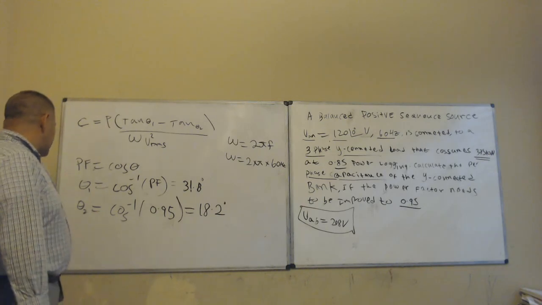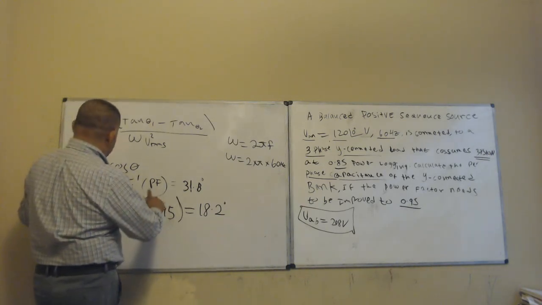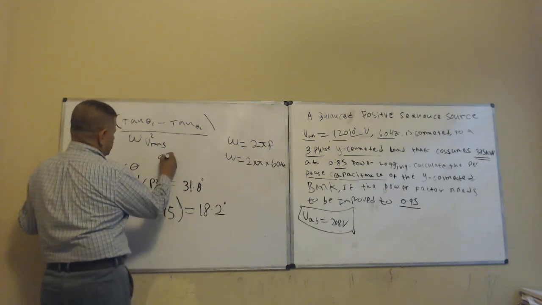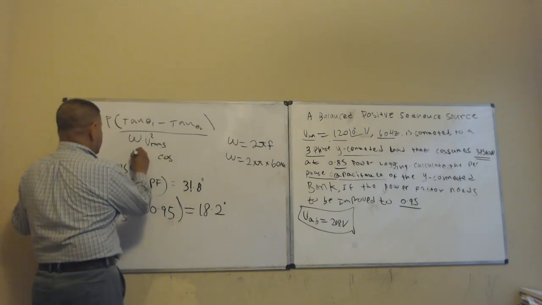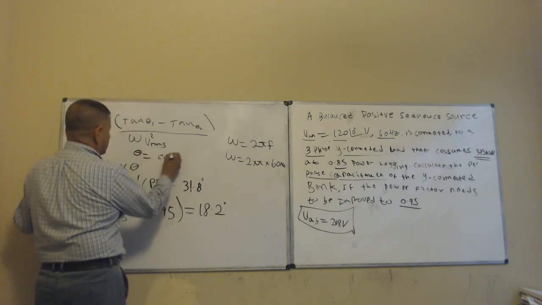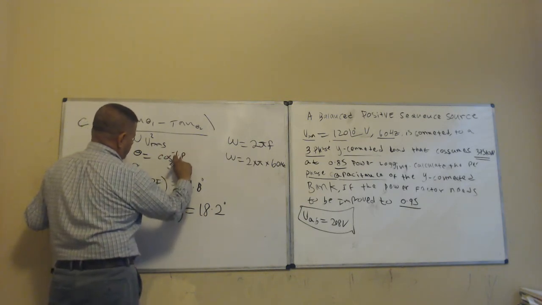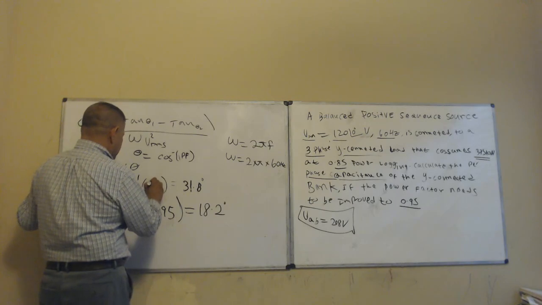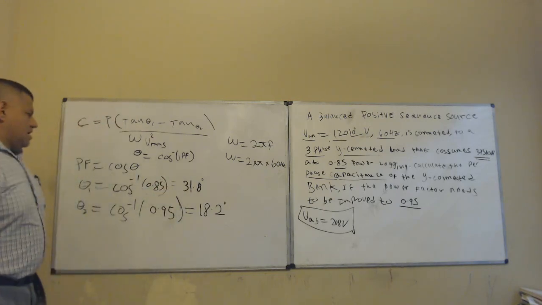So now I have a theta 1 and I have a theta 2, right? So we know that this is the formula. Let me just do this right here. Theta is equal to cosine inverse of the power factor. So I can put the 0.85 right here so you can actually see it.